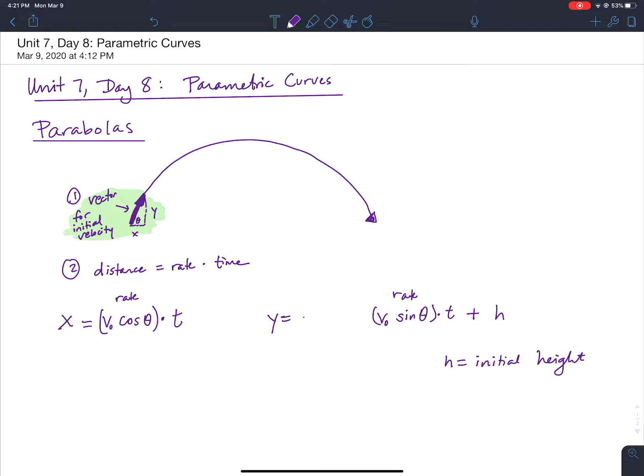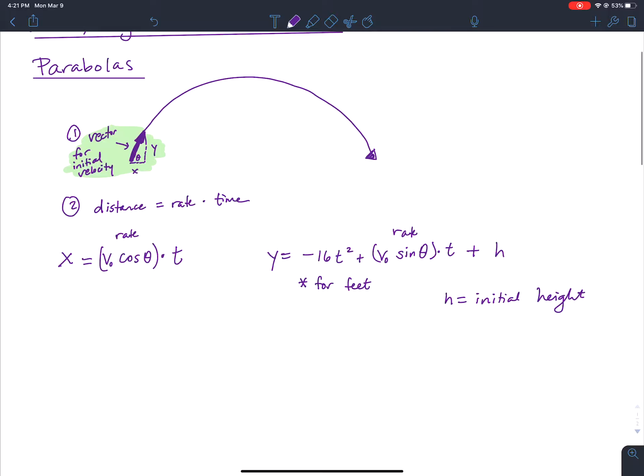If your height is being measured in feet, this is a negative 16t squared. So this is for feet. If this is being measured in meters, then this would be a negative 4.9.